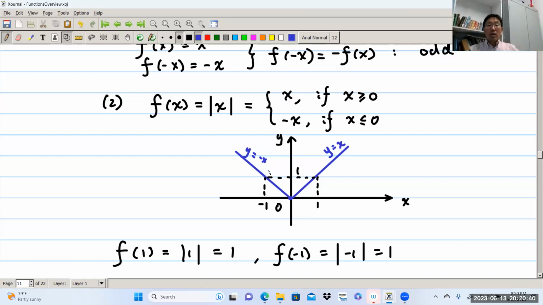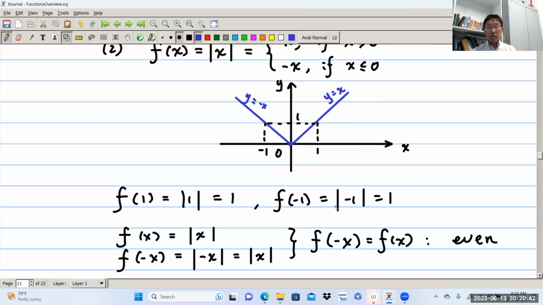Obviously, this V shape is symmetric about the y-axis. Algebraically speaking, suppose you use 1 as an input, you get 1 as an output. But if you use the opposite of 1, that is -1, as the input, the absolute value of -1 is still +1.